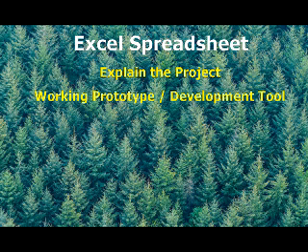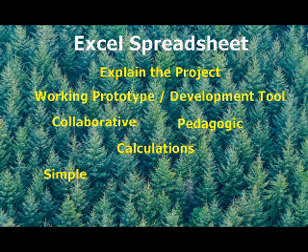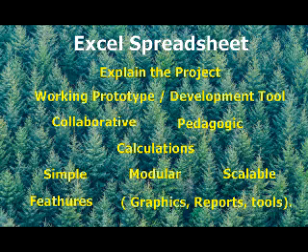In addition, an Excel spreadsheet provides a working prototype and development tool, which is collaborative and pedagogic, has all the functionalities to perform the calculations, is simple, modular, and scalable, and has many features such as graphs, reports, and interfaces with many other tools.